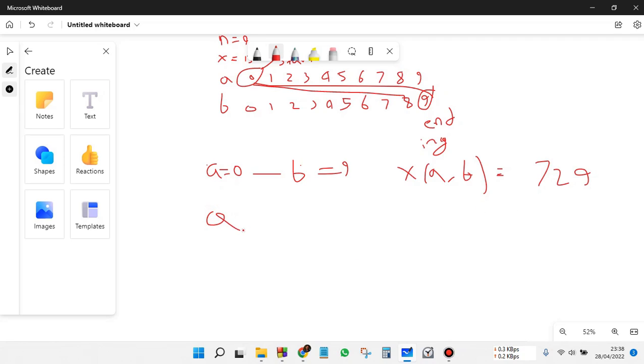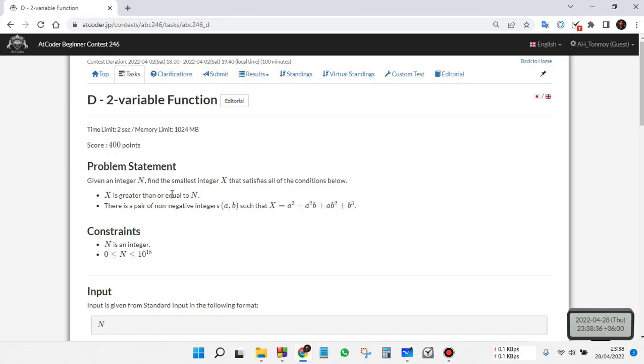Also a is 0 and b is equal to 8. This is also almost the same, so we don't write this 512. This is I think very big, but in this problem we can find out the smallest integer x possible.